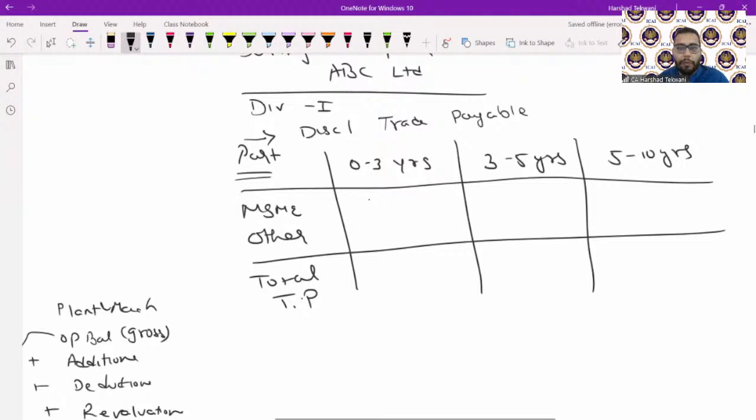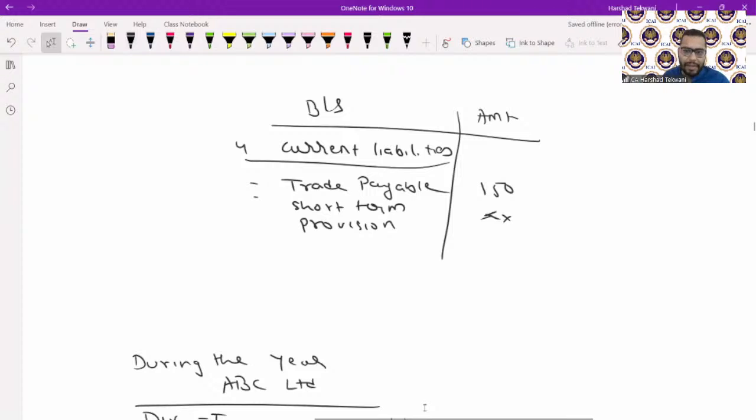Second, on the face of the balance sheet, they disclose trade payable as a single line item. They say we have already disclosed the details in the notes, so there is no need to disclose again. So you tell me, guys, whether this is appropriate or not, and which area is not appropriate. Come on, guys.